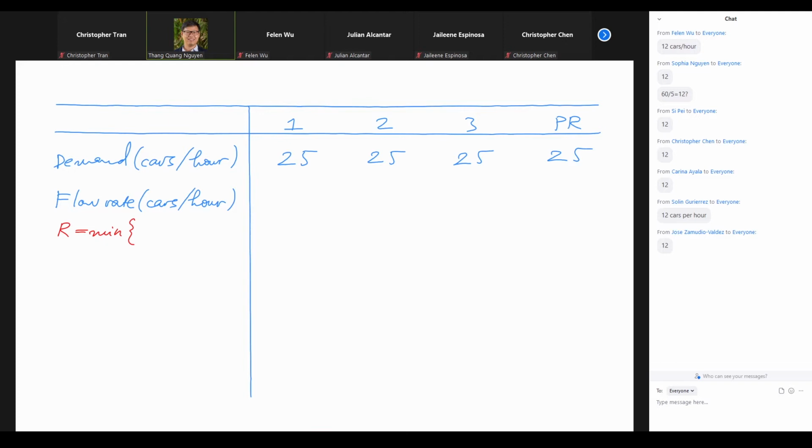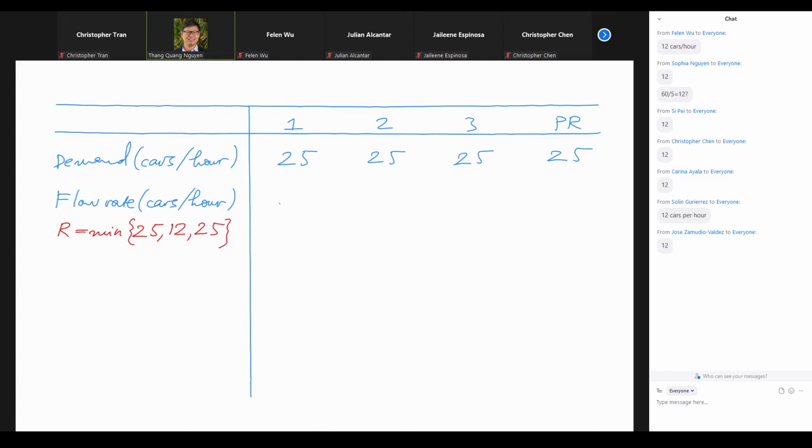They are both the demand and the input because they are available to enter the process. So the input rate is 25 cars an hour. The process capacity, we got earlier to be 12 cars an hour. And the demand rate is 25 cars an hour, right? Then the flow rate is 12 cars an hour.